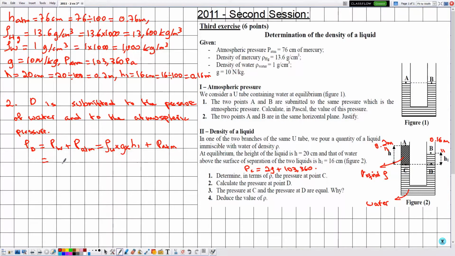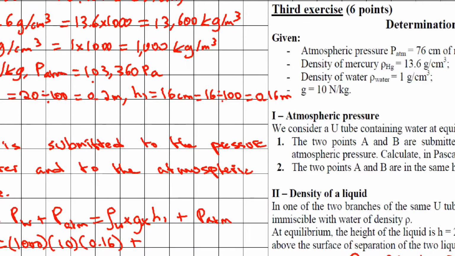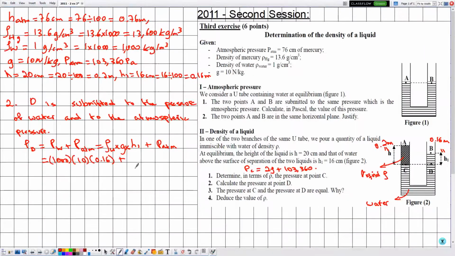Now the density of water is 1000, the value of G is 10, and the value of H1 is 0.16, plus the value of the atmospheric pressure that we have already calculated, which is 103,360.